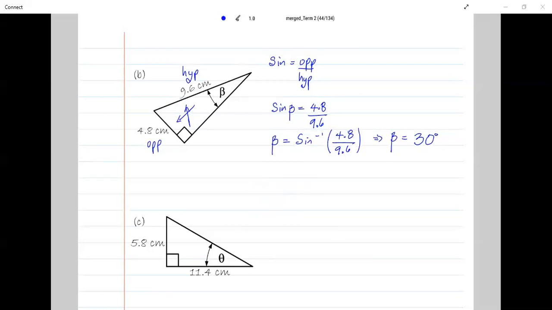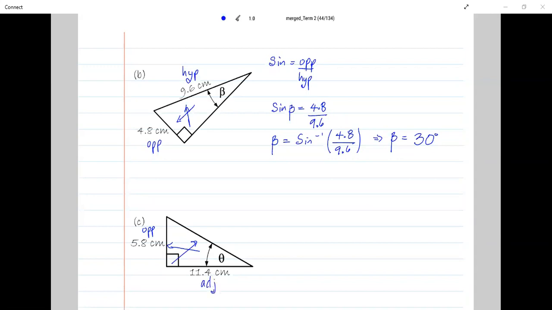All right, let's do C. In C, this side here is opposite to the angle theta. The side in front of the right angle is the hypotenuse. So where the 11.4 centimeter is must be the adjacent side.